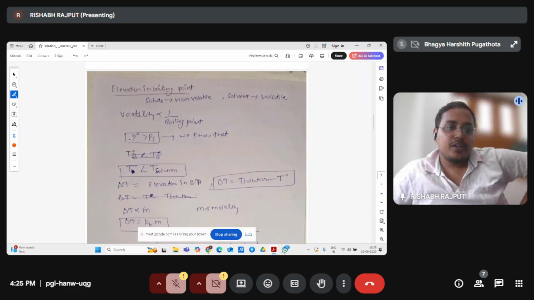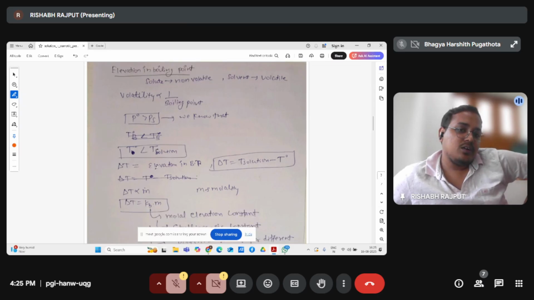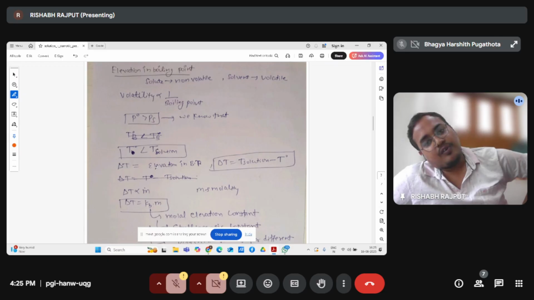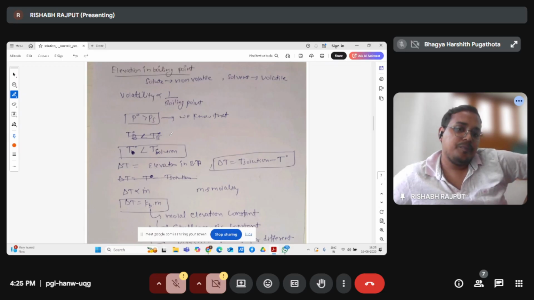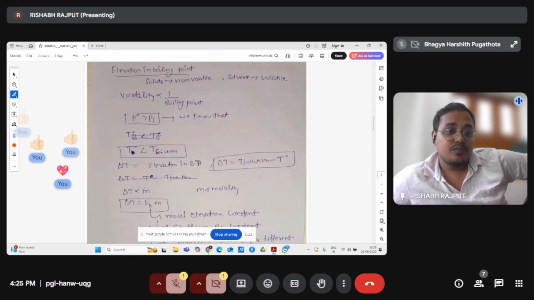That is why the vapor pressure will be greater, but the boiling point is less. I also discussed this in the last two classes, so I just revise here. If you have any doubt, you can ask after 5:15 on Monday. Okay, don't worry.